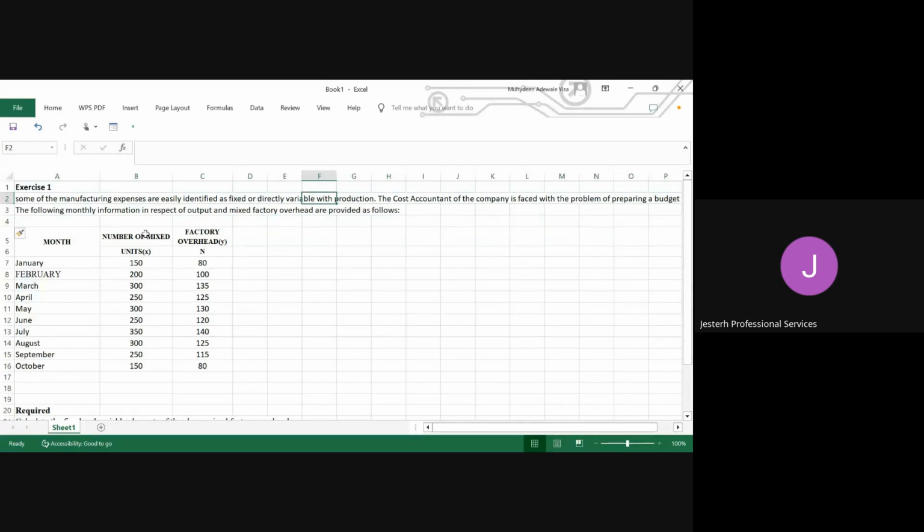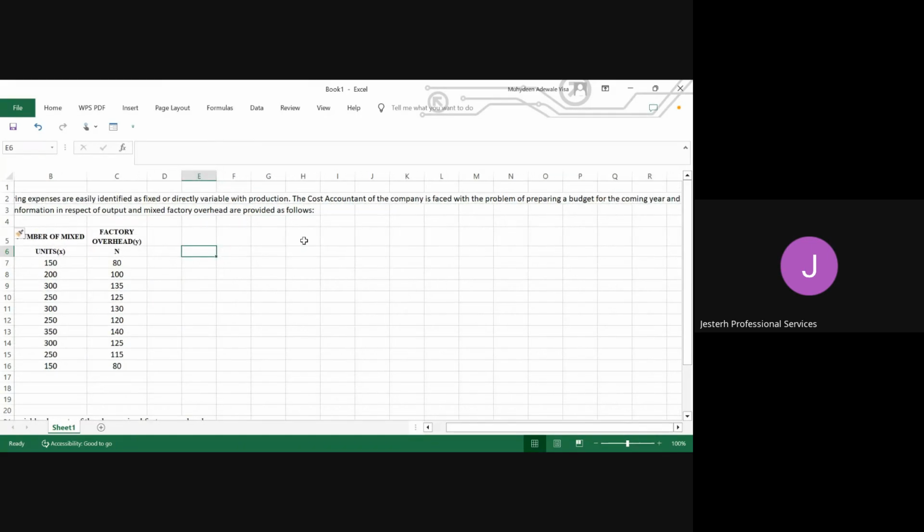Now I'm going to read it, then we can start. In this exercise, some of the manufacturing expenses are easily identified as fixed and directly variable with production.